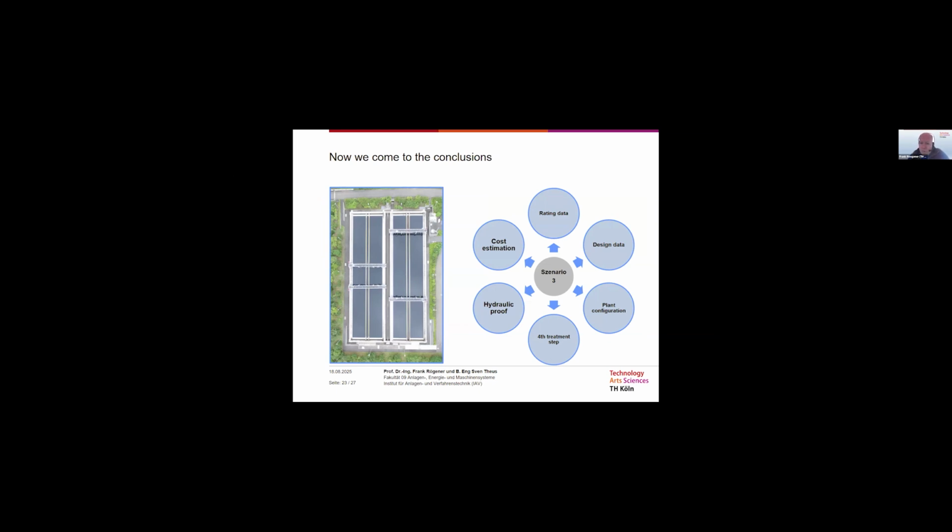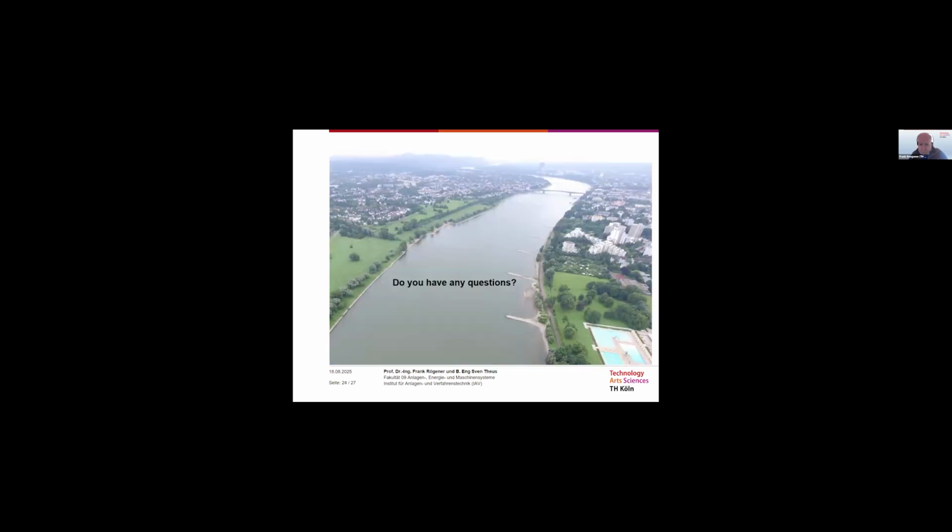We showed that it is possible to install enough membrane modules to come to a scenario where only one wastewater treatment plant in Bonn will remain. And this concept will also include a future fourth treatment step, so that all future demands concerning wastewater treatment and safe wastewater treatment can be met.